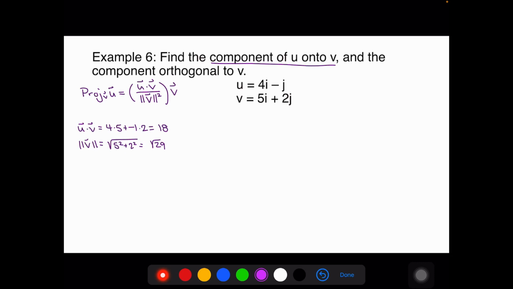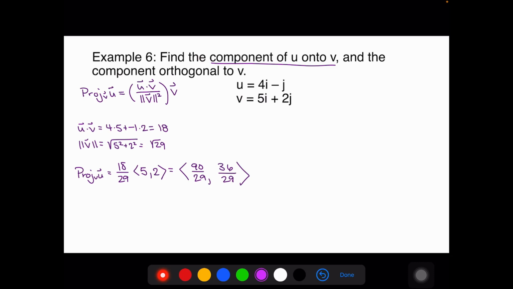So u dot v, 4 times 5, plus negative 1 times 2, I got 18. Then the magnitude of v would be the square root of 5 squared plus 2 squared, so root 29. That means my projection is going to be 18 over root 29 squared, so 18 over 29, times vector v, which was (5, 2).